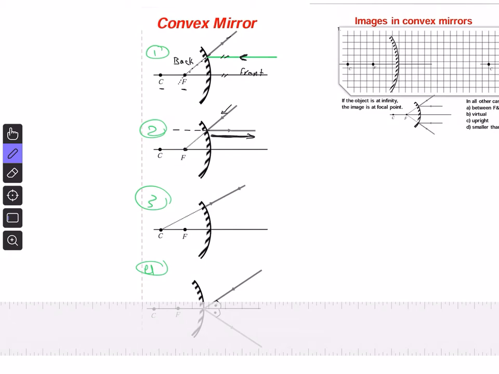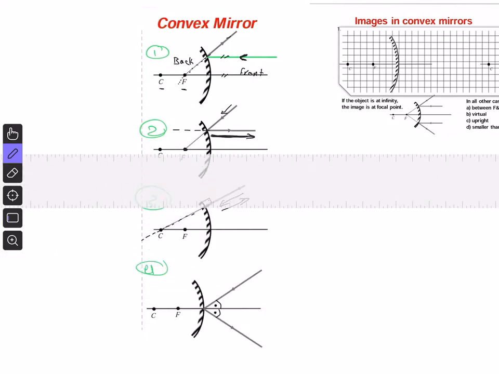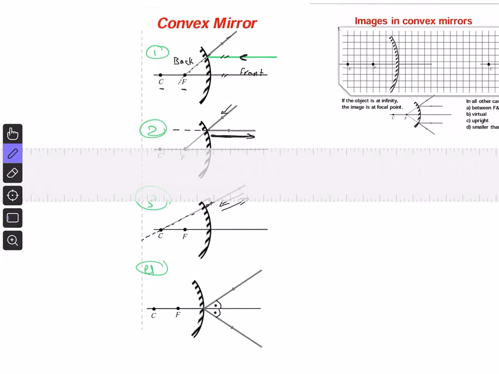And the third one, we said if you send the light toward the center, it must come back through the center. Look, if I send the light toward the center, it's going to the center. So it's going to hit the mirror and reflect back the same way, because this angle is equal to 90. That's why it must come back in the same direction.